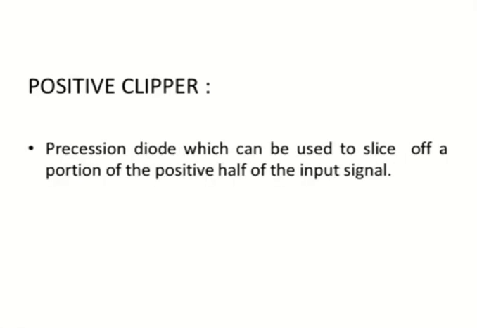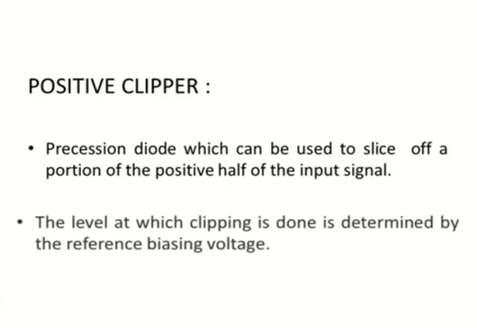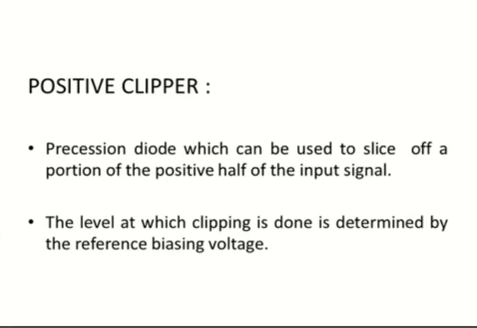We can say that the precision diode can be used to slice off a portion of the positive half of the input signal. And the level at which the clipping is done is determined by the reference biasing voltage. That is, we give some biasing voltage so that we can select the level at which the clipping is done.